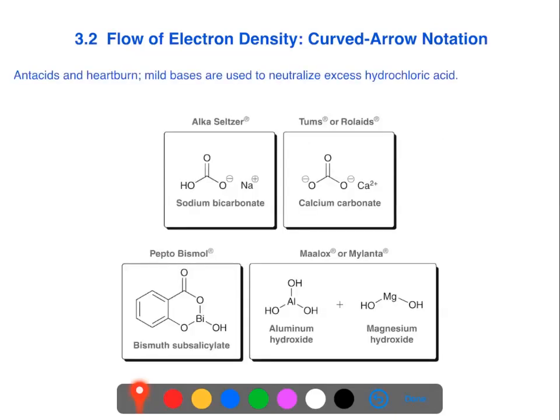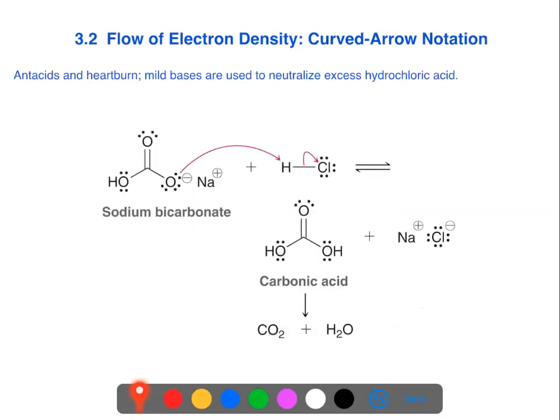Now, a common example of an acid-base reaction that can help in the treatment of heartburn is the use of antacids. So antacids in general are mild bases, and these are used to neutralize excess hydrochloric acid produced by the stomach. And so a common example of an antacid is Alka-Seltzer, whose active ingredient has the chemical structure of sodium bicarbonate. So sodium bicarbonate in the presence of HCl will form carbonic acid and the chloride ion.